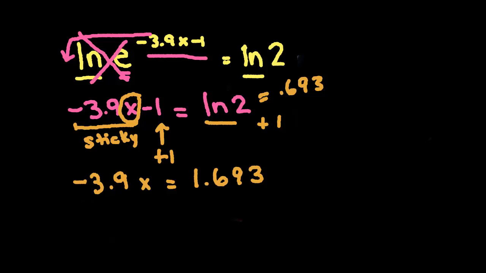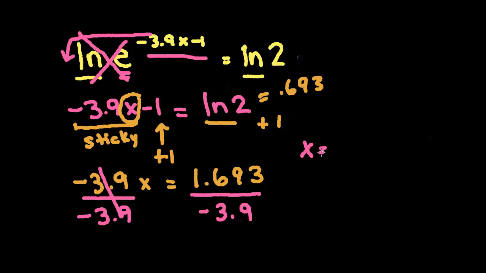And then my last step, of course, to isolate x, would be to just divide by -3.9. That goes away, and I end up with x equals -0.4434.